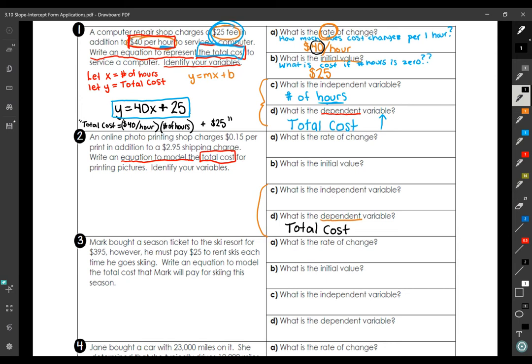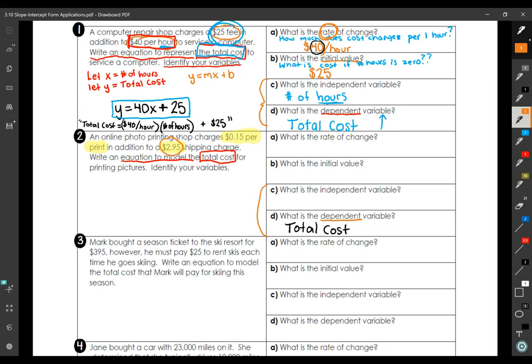Now, let's figure out what variable would impact the total cost. So what would affect my cost? Let's read the question one more time. An online photo printing shop charges 15 cents per print in addition to a $2.95 shipping charge. What I should recognize is that this $2.95 is constant. It doesn't matter how many photos I print, I'm still going to have to pay the $2.95.